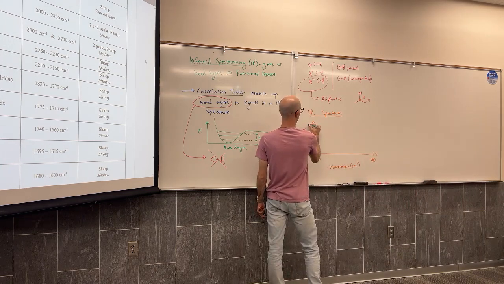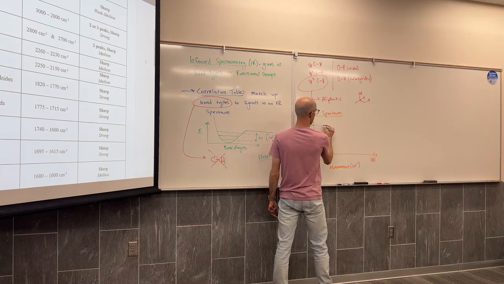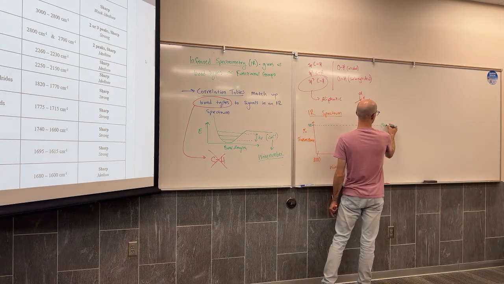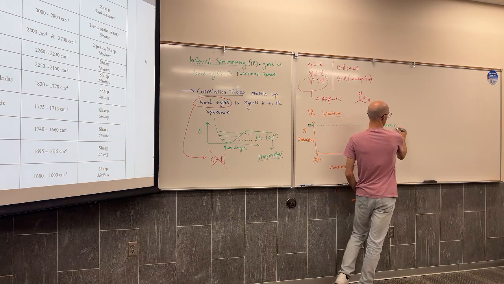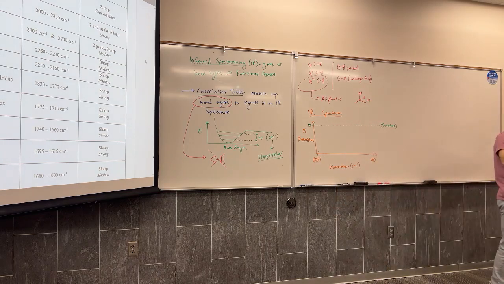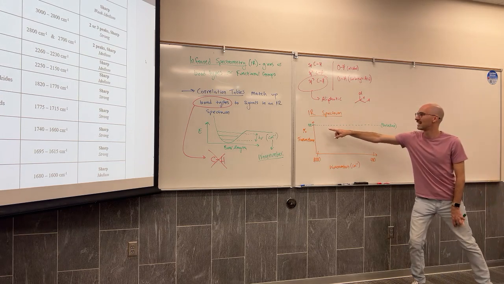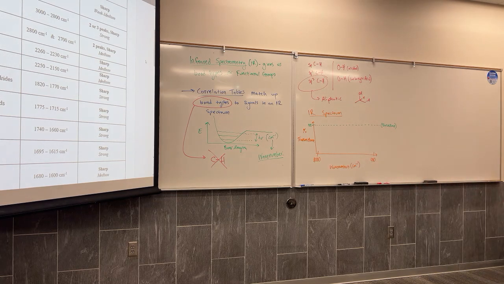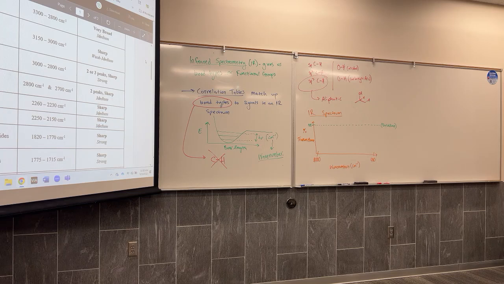Up here at 100% transmittance, that would be a baseline. That's to say, all of the light that the instrument put out hits the detector. 100% of it is transmitted, none of it is absorbed.